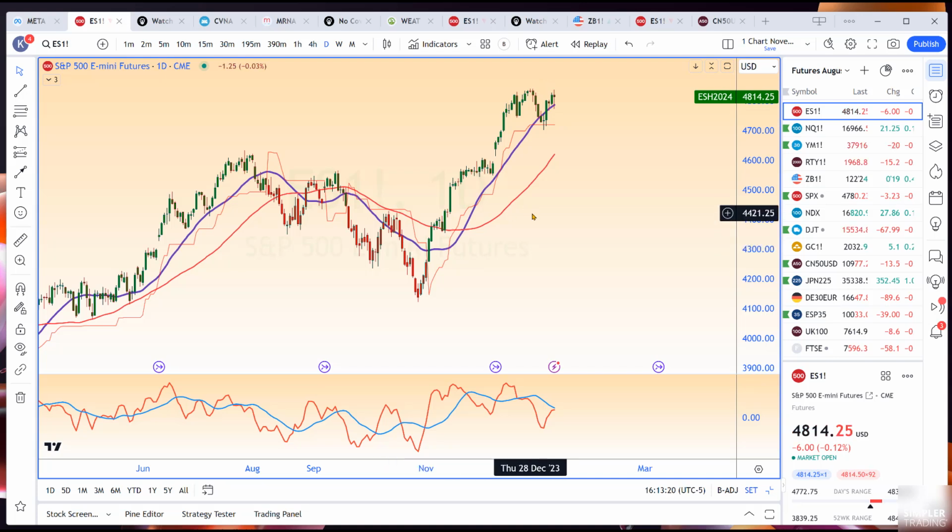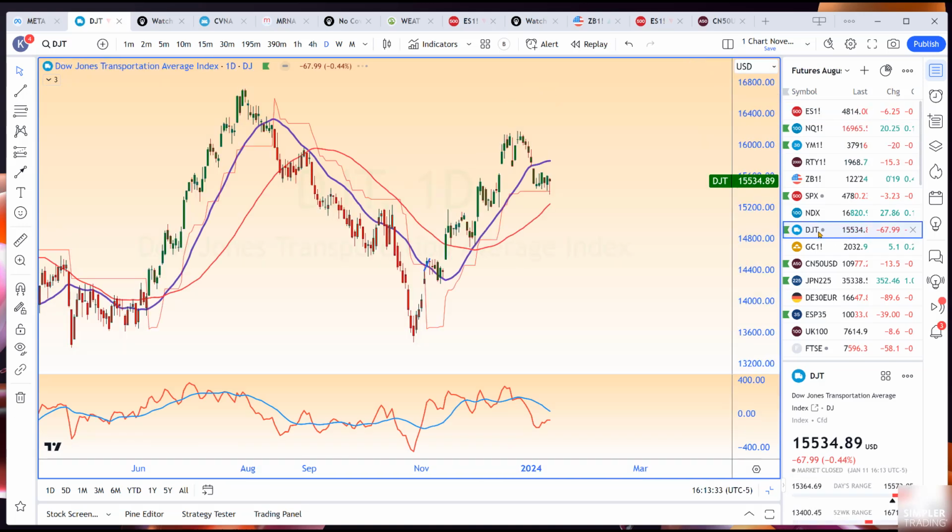So back here you had convergence, where all different indexes broke up at the same time. So now you have the ES and the S&P both above it. The SPX and the NDX above it. And you got the transports decisively under it. This also broke up at the beginning of November.